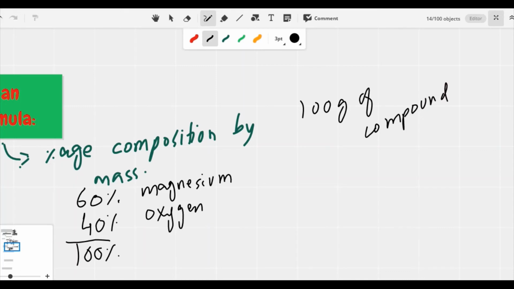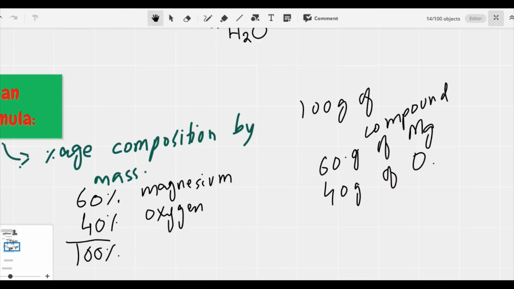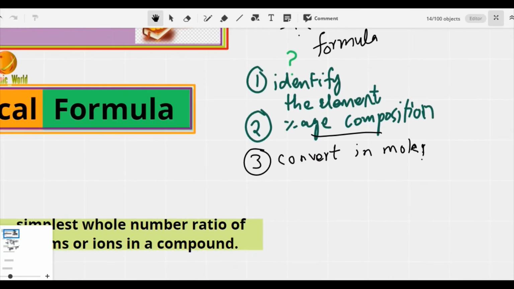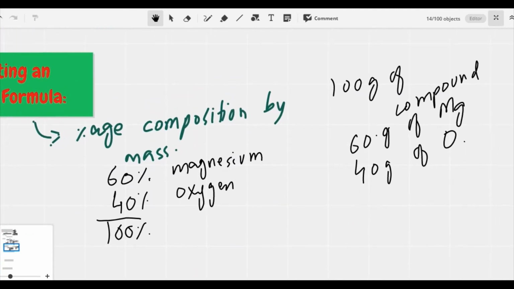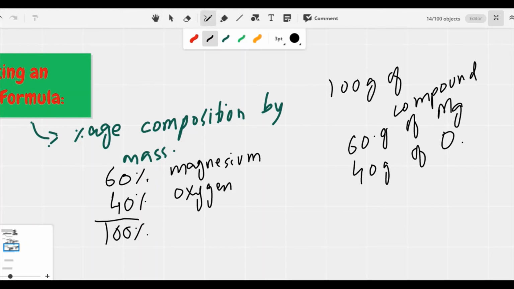So 100 grams of compound contain 60 grams of magnesium and 40 grams of oxygen. As we discussed, from the percentage composition we can convert to moles. Our next step is to convert the magnesium mass and oxygen mass into moles.